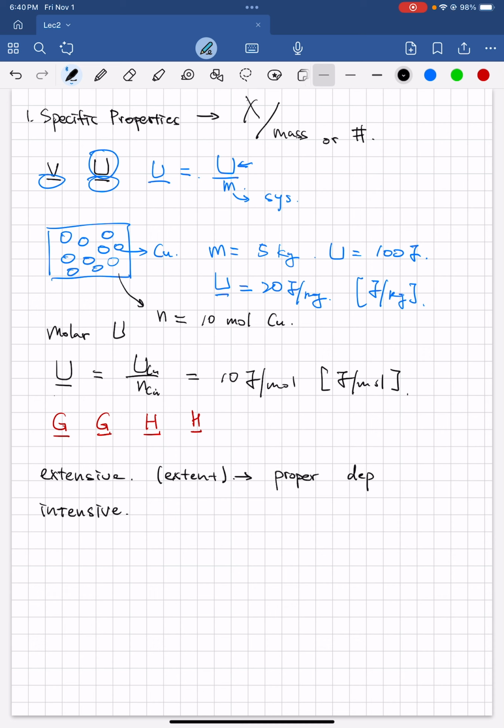Like depending on its quantity, right? Intensive is the opposite.